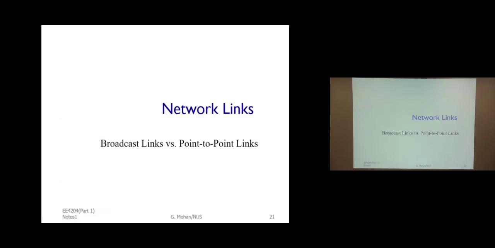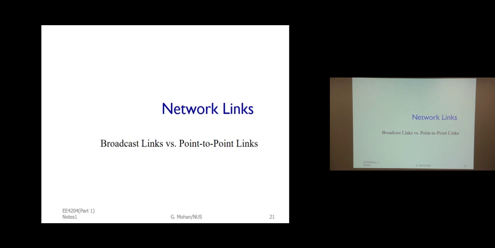Okay, let's move on to the new topic, network links. One classification of network link: what is a link? A link is a communication channel, or communication cable, used to connect two devices, either our computer to a switch or router to router. Take any two devices, we can connect them by means of a link.